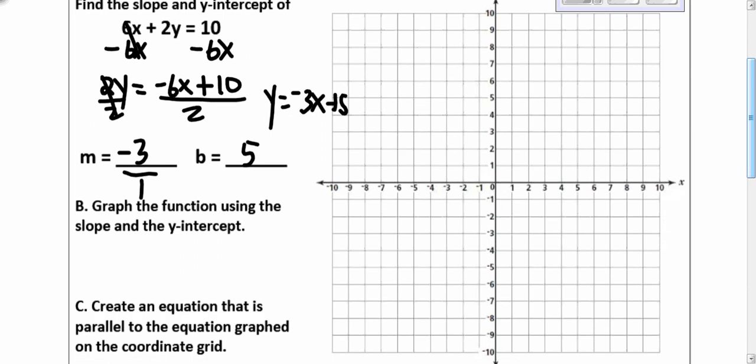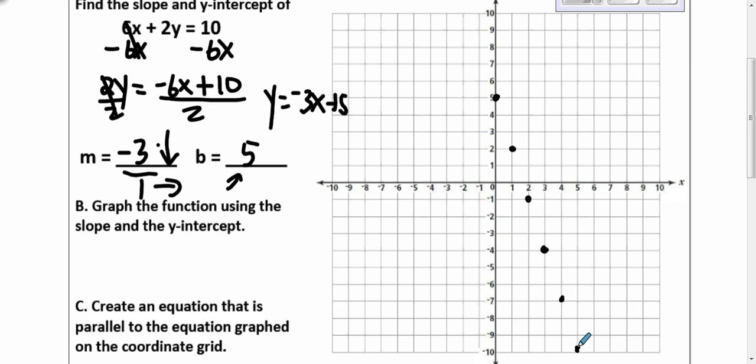So now I'm going to graph it. I'm going to start with my b, because that is my y-intercept. My y-intercept is 5. Then don't forget to put the arrows. Down 3, 1, 2, 3, to the right 1. Repeat that to get more points.